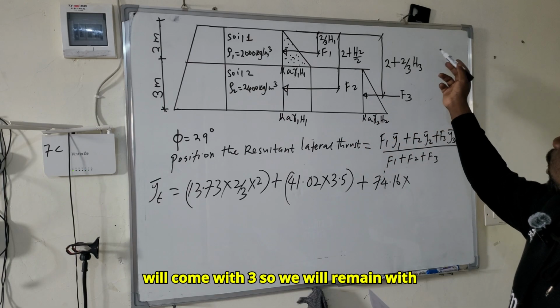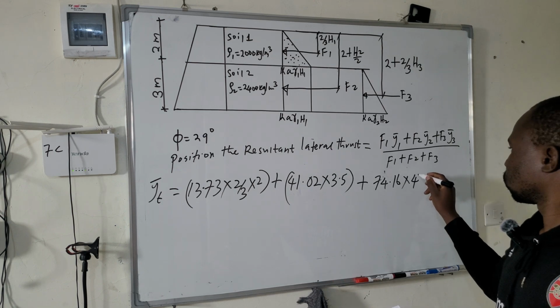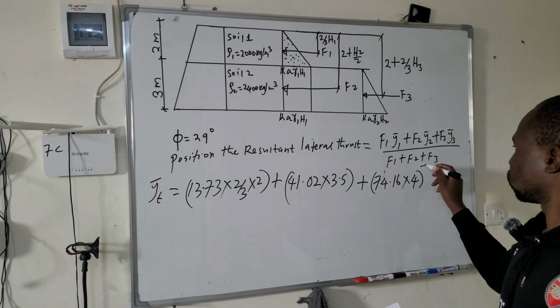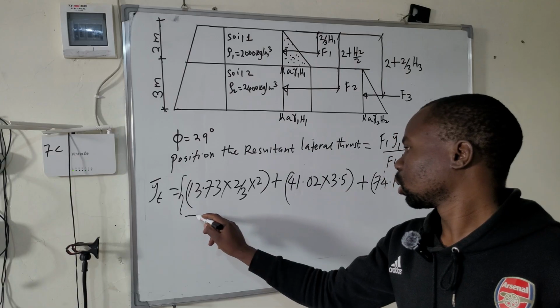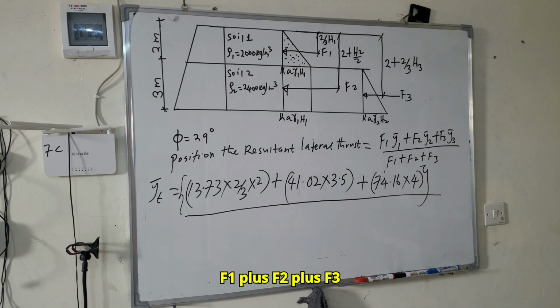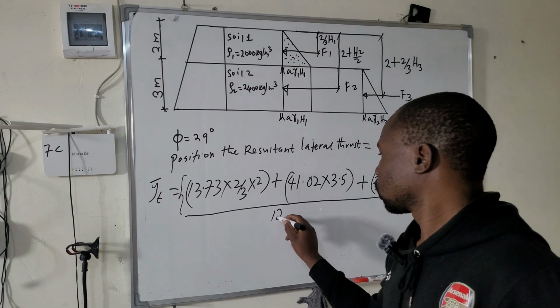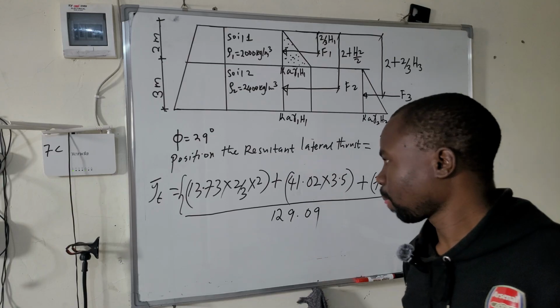So 3 will cancel with 3, and we will remain with 2 plus 2, which is 4. Then you divide by F1 plus F2 plus F3, which is 129.09.